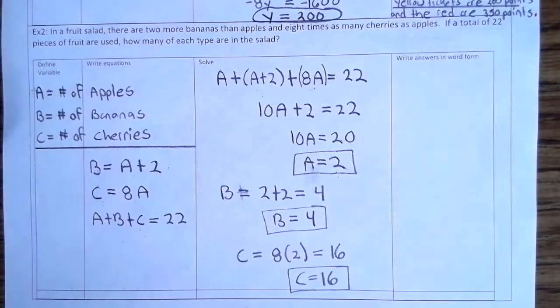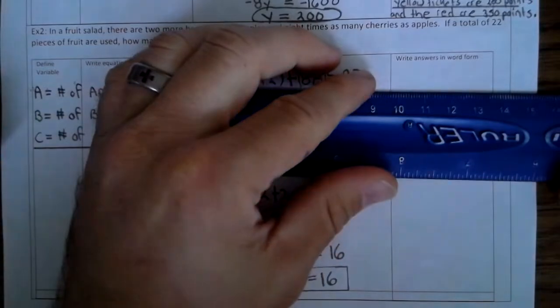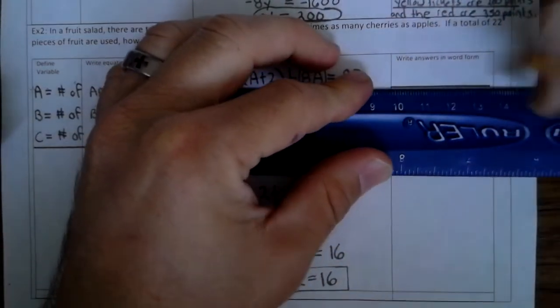Excuse me. So now we explain our solution in sentence form. So we would say that, let me add some lines here real quick.